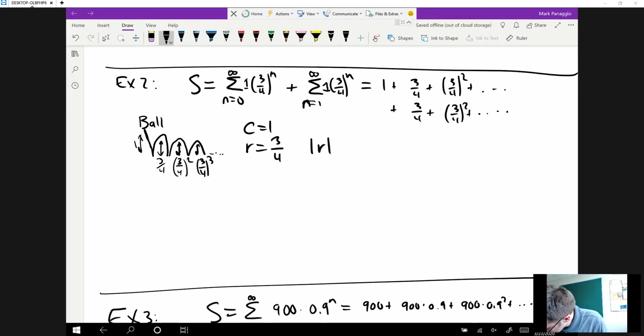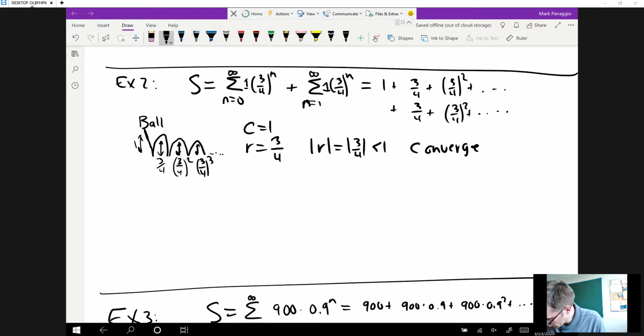And so since this quantity is strictly less than 1, we'd say this must converge. And then the question is, what does it converge to? If it converges, that means that as we add it up, it's going to get closer and closer to some particular number. And that means that this ball does not travel an infinite distance. It travels some finite distance, and we'd like to know what that distance is.